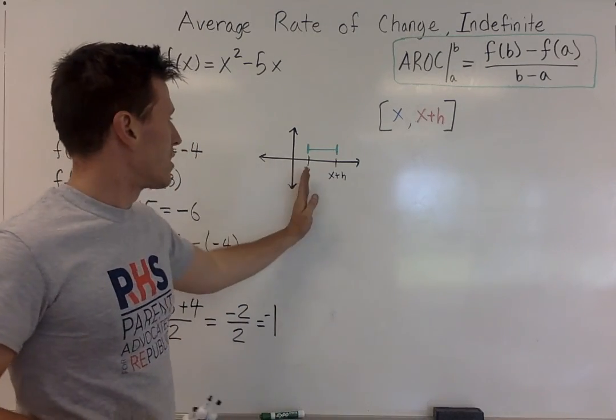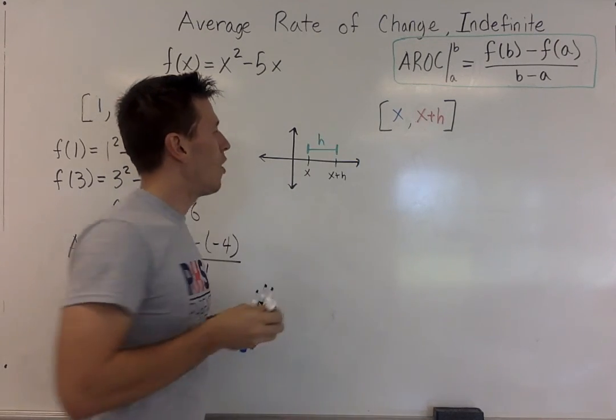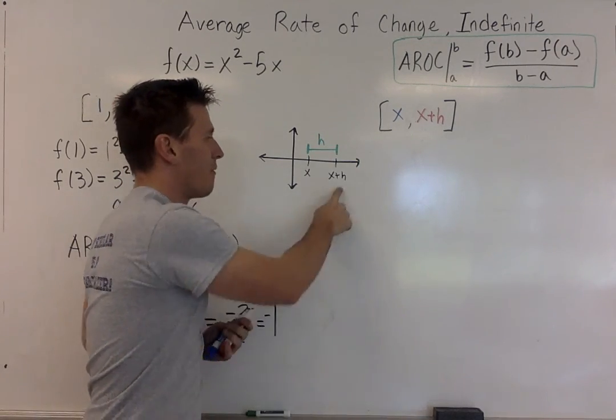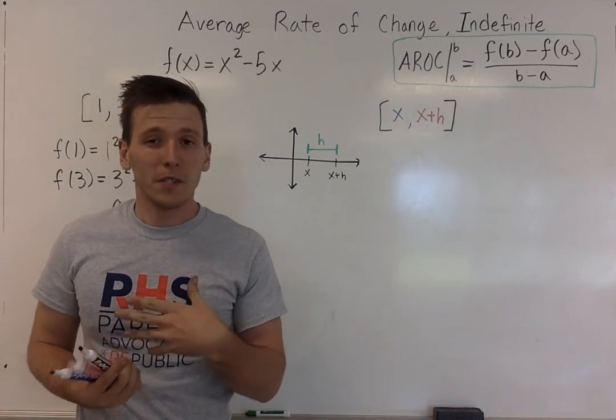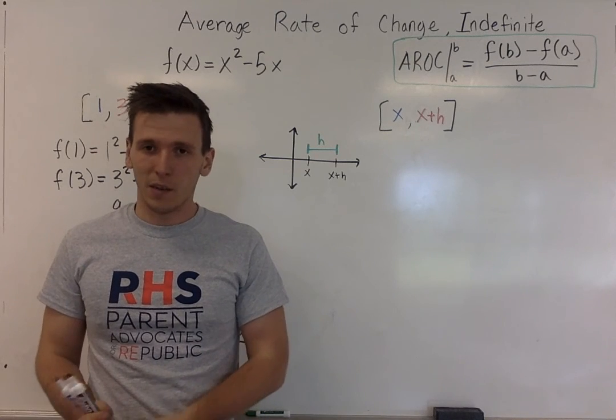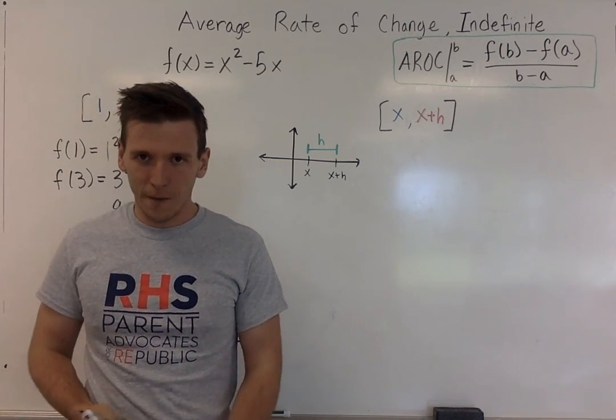Meaning that if we start at x and move a distance of h units over, then we will have our final point, x plus h. If this looks familiar to you from difference notation, that's because it's exactly what it is. And what we're doing now is using difference notation to compute the difference quotient.